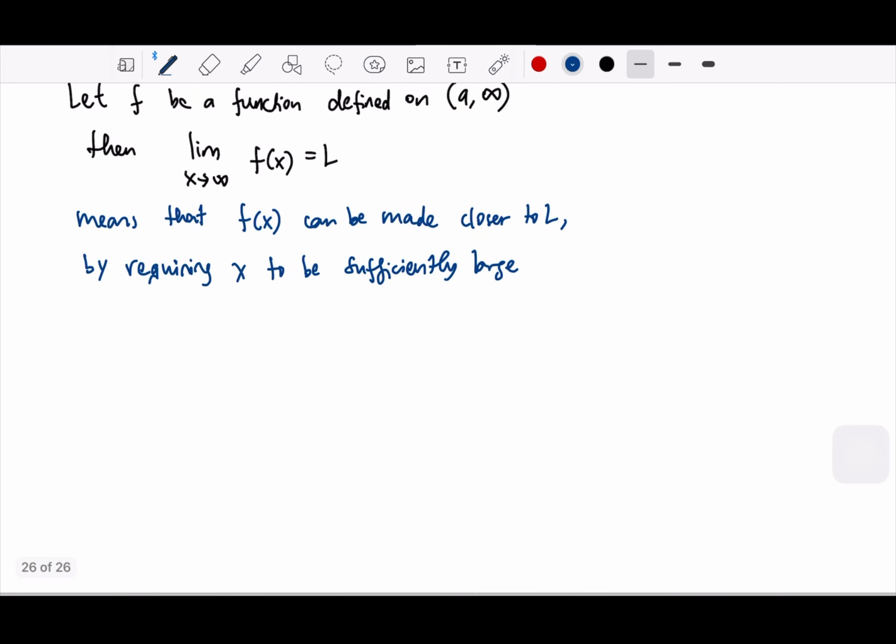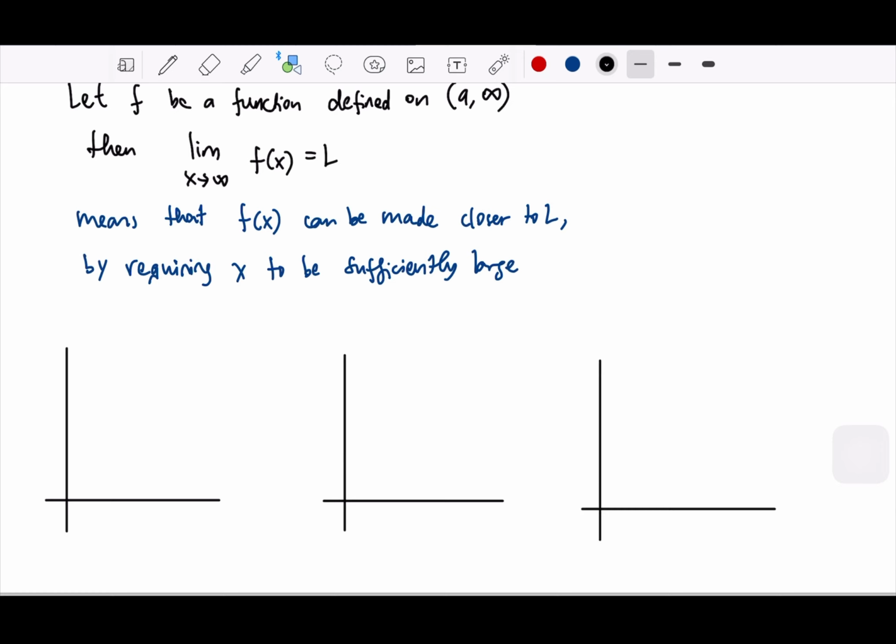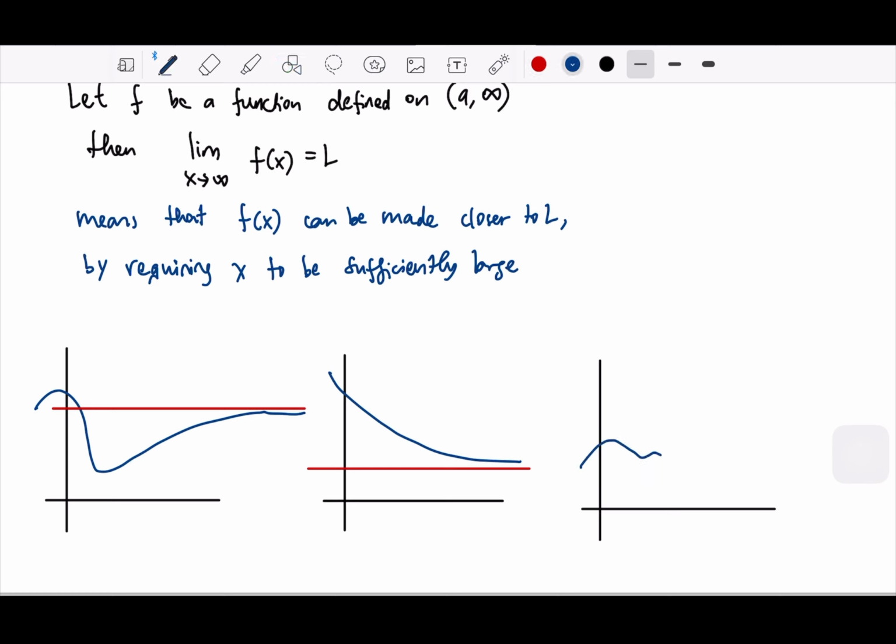Okay, so just some small examples on the graphs, and then we finish our topic. Maybe this looks like this, and it has some asymptote, and then another one maybe around here, and then it's going to have an asymptote again here, and maybe this will be an asymptote here.